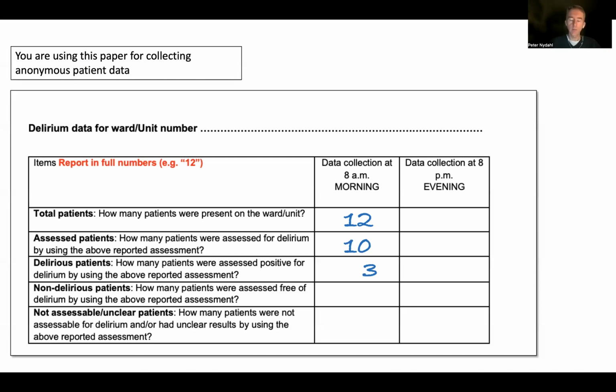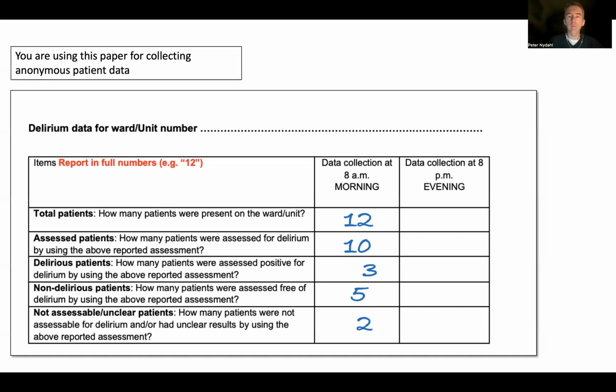Anyway, not depending on what assessment you use, put in the number of how many patients were delirious using your own assessments. How many patients were not delirious? Again, some patients are hopefully not delirious.